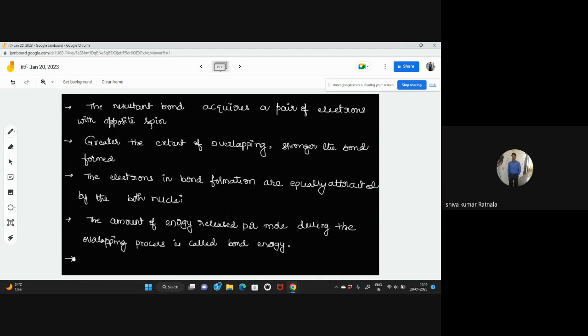Next one. Generally, the bonds are formed mostly in the direction where electrons are concentrated.